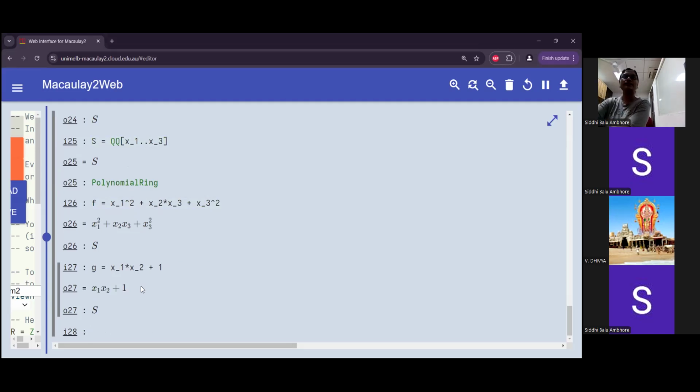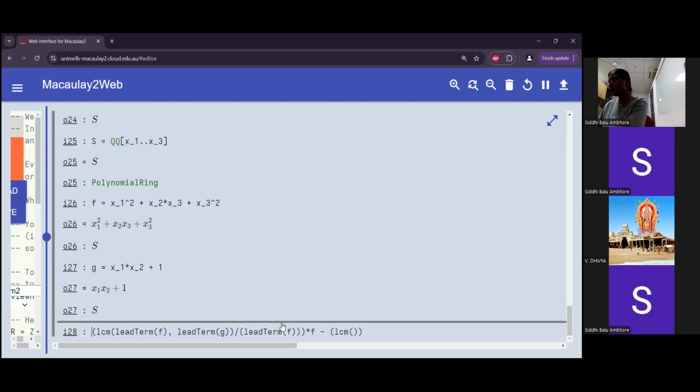So S polynomial, S pair is what? LCM of, let us put bracket first, LCM of lead term of F, comma, lead term of G. This whole LCM, now divided by lead term of F, star F. Minus this LCM of same.